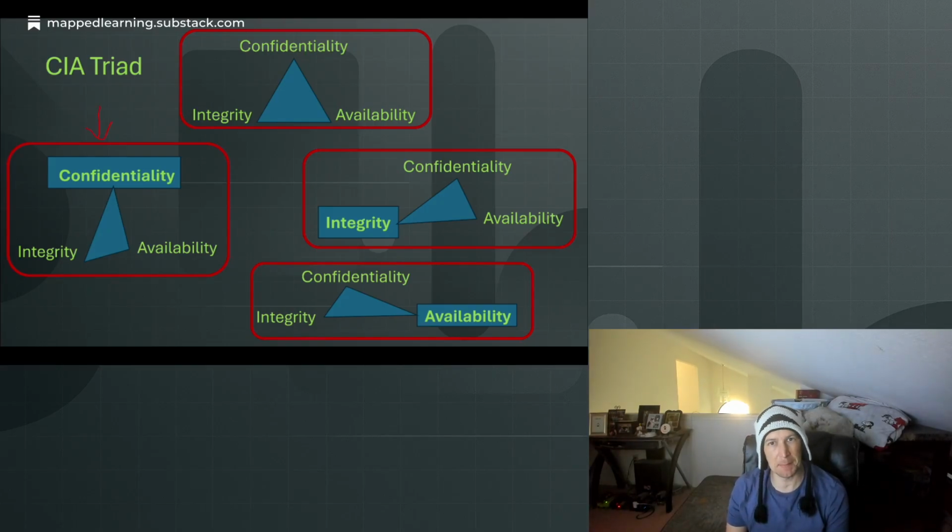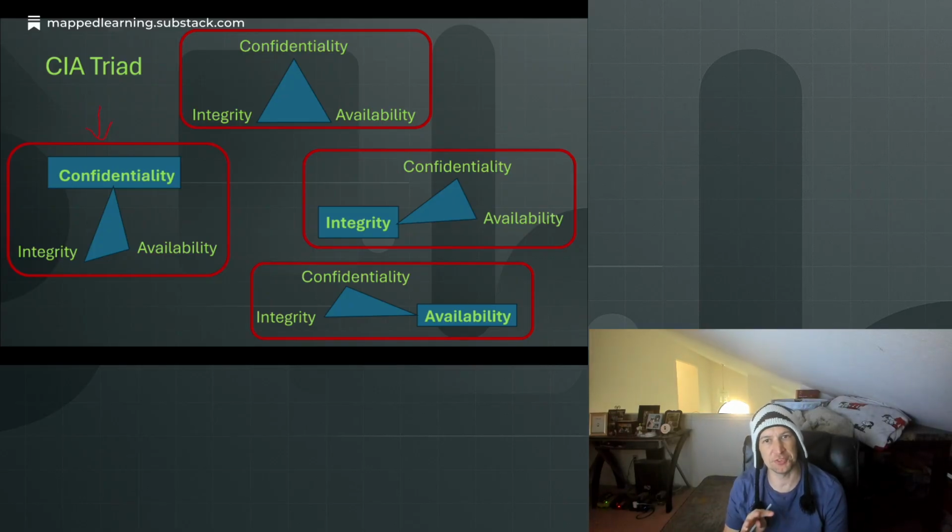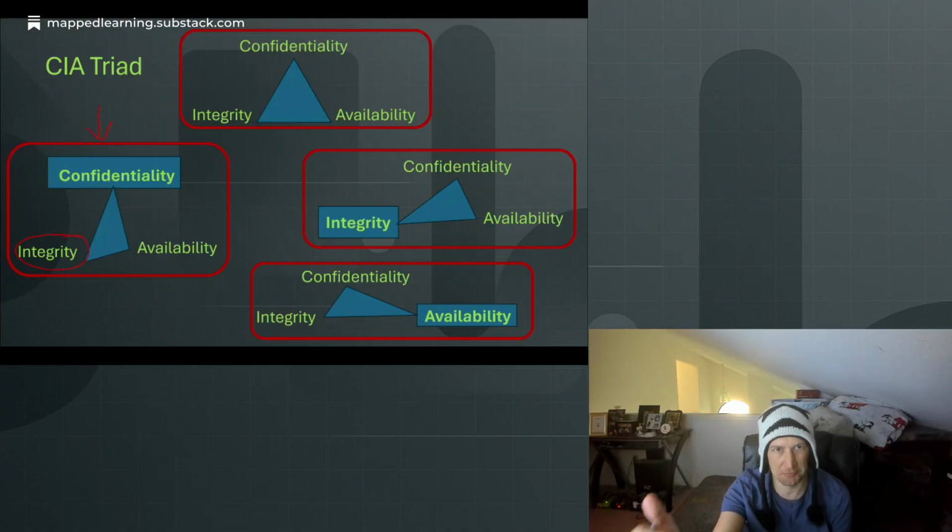If you increase the amount of secrecy that you put on an asset, then you are going to slightly decrease the amount of integrity, and you will increase the impact to availability.